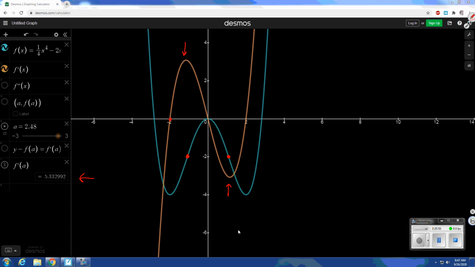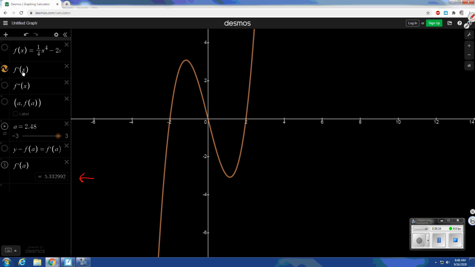You can see that where we have zeros on f prime, we had max or mins on f of x, exactly as we predicted. We can also see that where f of x is decreasing, so in this region here, for example, we can see that the graph of f prime is below 0, exactly as we predicted. Okay, so you can use this computer technology to verify that you did something correctly.